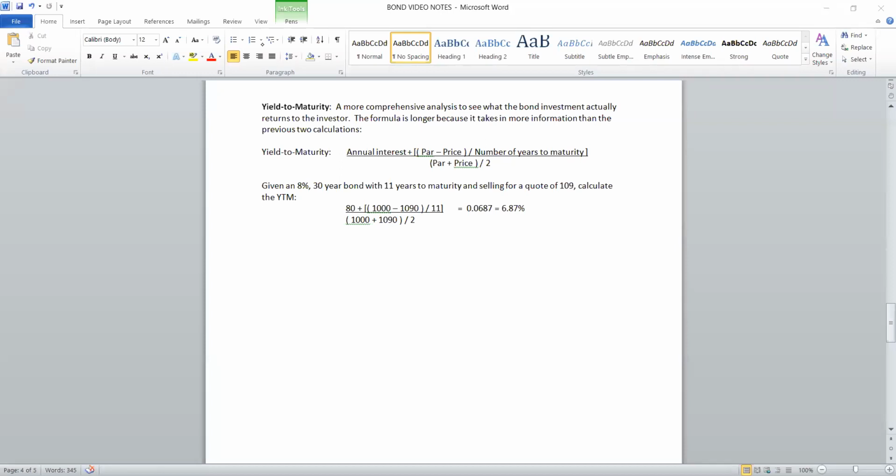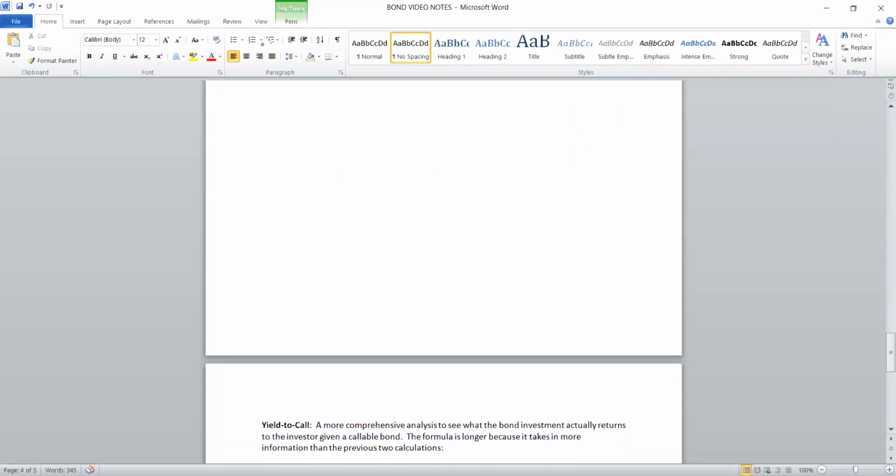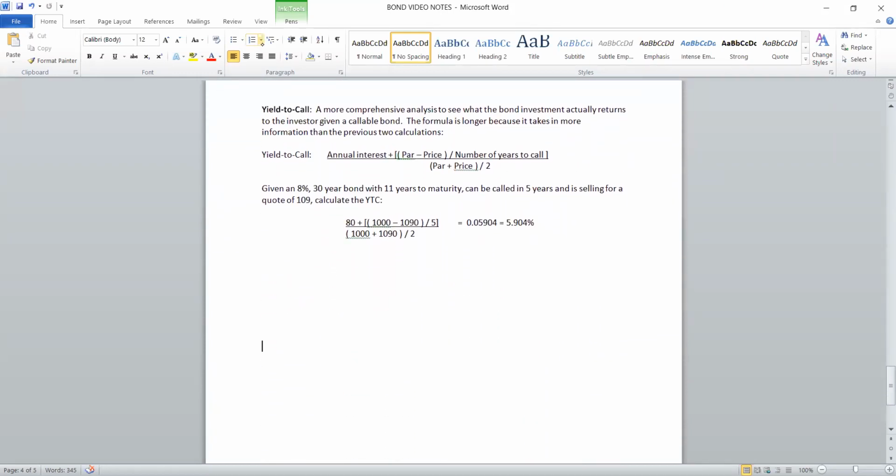All right, so given this bond right here, let's go down to the next sheet. Yield to call is a more comprehensive analysis to see what the bond investment actually returns to the investor, given a callable bond. The formula is longer than the first two yields, meaning coupon yield and current yield, because it takes in more information.